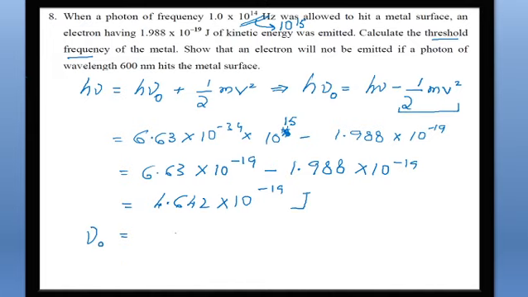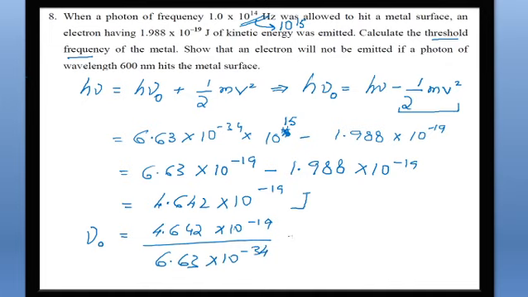That is nu naught, now divide this by Planck's constant, 4.642 into 10 to the power minus 19 upon 6.63 into 10 to the power minus 34, and on solving this you will get approximately 6.988 into 10 to the power 14 hertz. This is the threshold frequency, right?